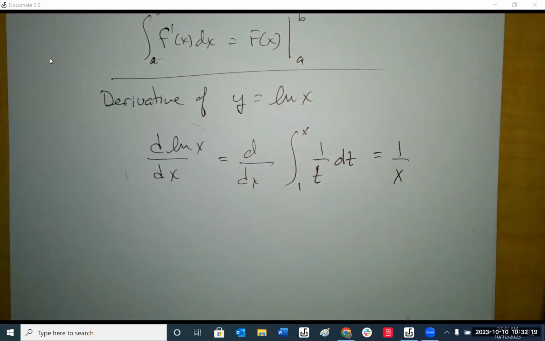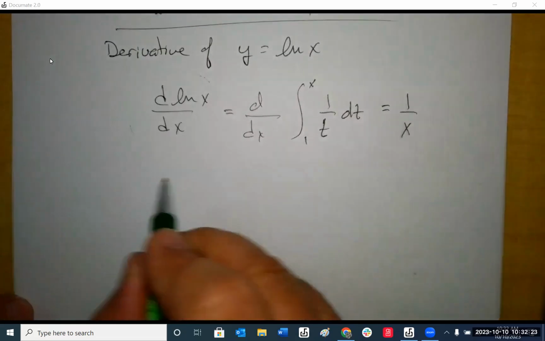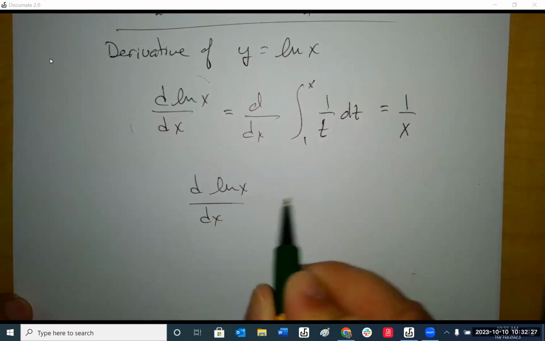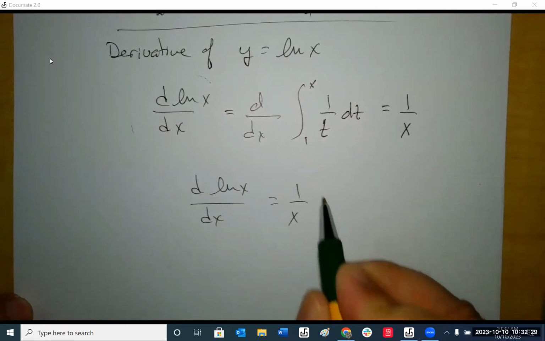So the formula is this: the derivative of ln x dx is equal to 1 over x.